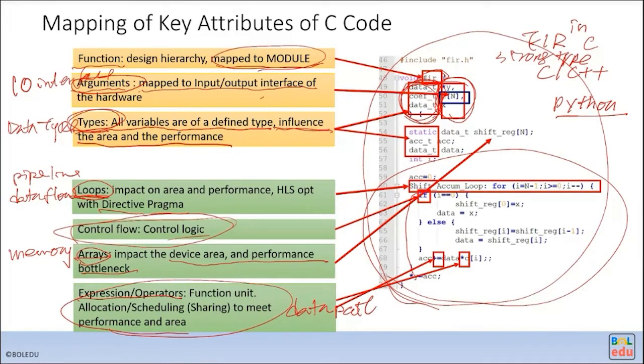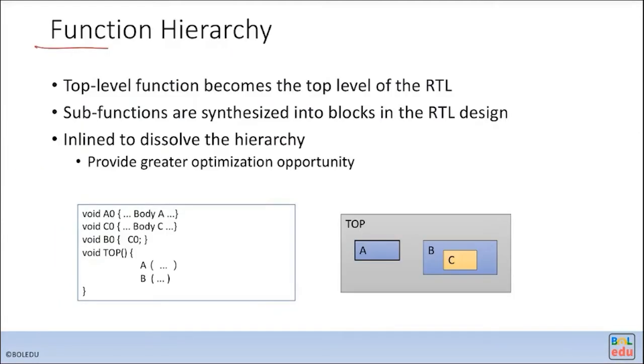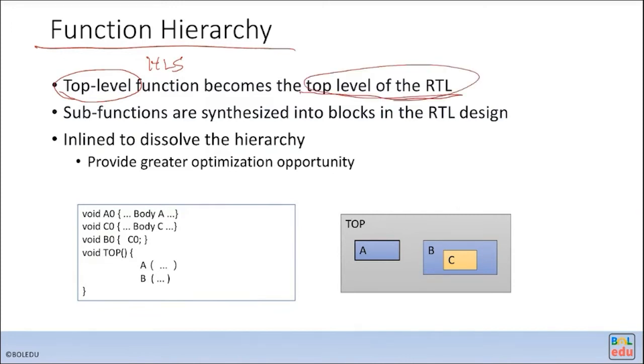Okay, in the following slides, I will explain each of these constructs from the C code. First, function hierarchy. For every HLS synthesis, you have to specify a top function. The top function becomes the top level of the RTL, and subfunctions become RTL sub-blocks.